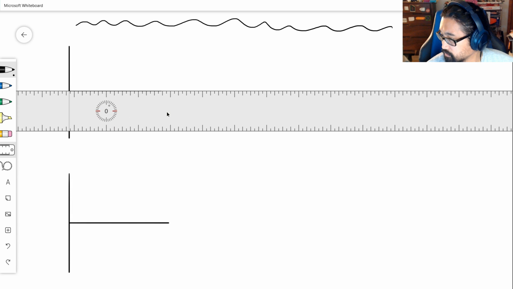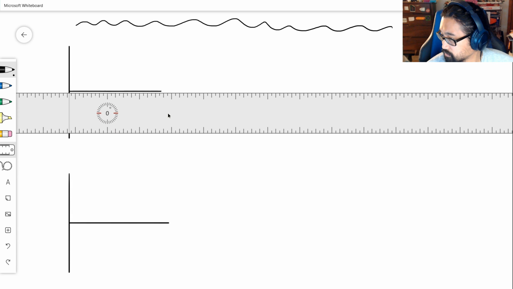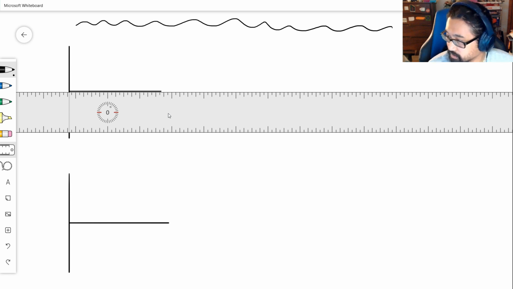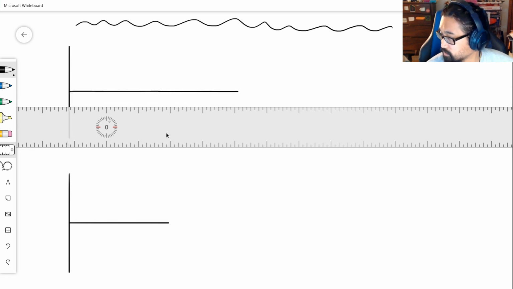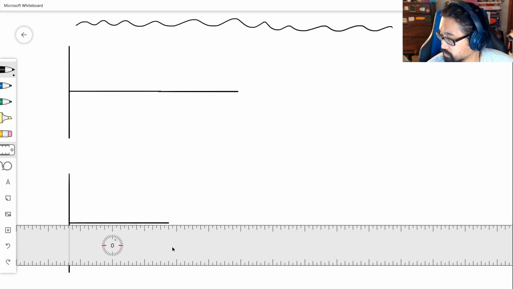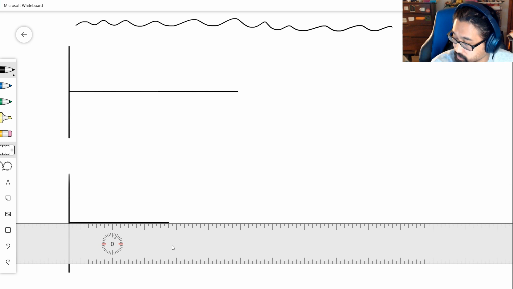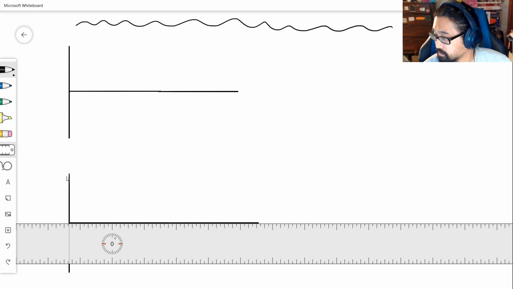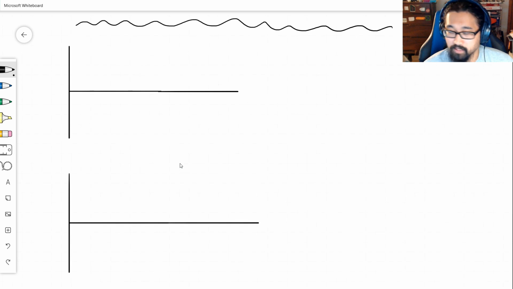Let me make these just slightly longer than they are. So we're going to pretend that's all one continuous straight line, just like we're going to pretend that this is all one continuous straight line. The only reason I made these longer is so that I don't have to do 4, I can just do 2.